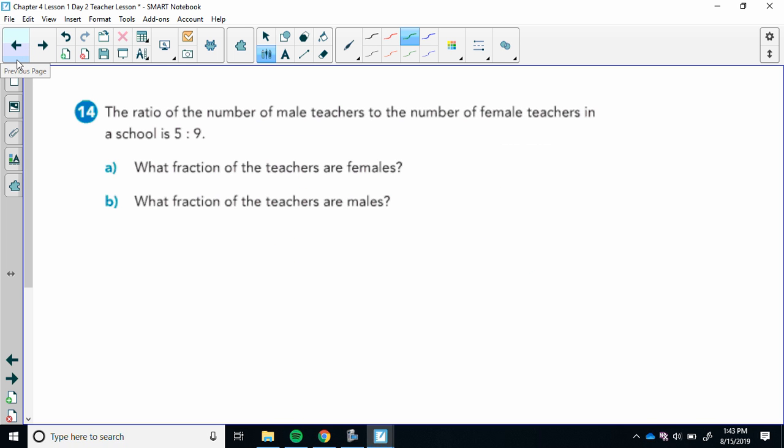Next one, the ratio of the number of male teachers to female is 5 to 9. So male to female is 5 to 9. What fraction of the teachers are female?